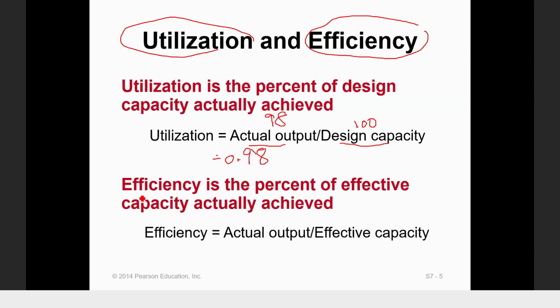So what is efficiency? Efficiency is the percent of effective capacity actually achieved. So actual output divided by effective capacity. This is efficiency. Let's say the actual output is 98 units and effective is also 98. So now efficiency is 100%.